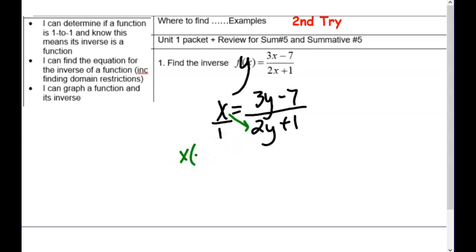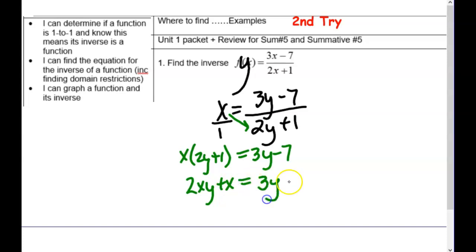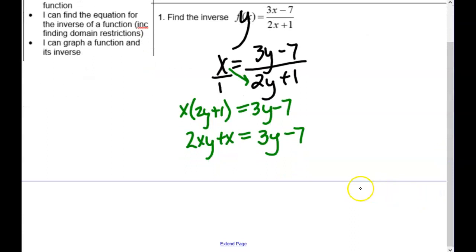So it's x times 2y plus 1, or 2xy plus x, don't lose that, equals 3y minus 7. Then what? We're trying to get y by itself. Which way do you want me to move the y's, guys? Subtract 3y or subtract 2xy?